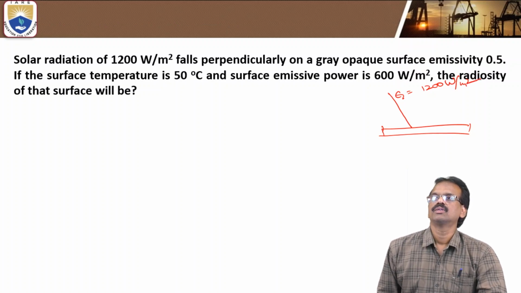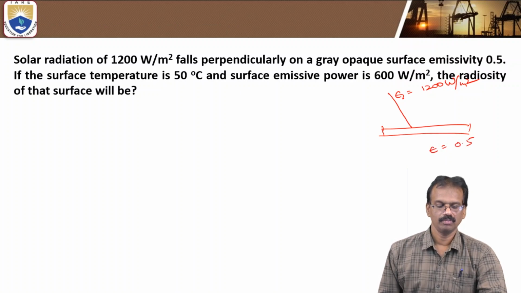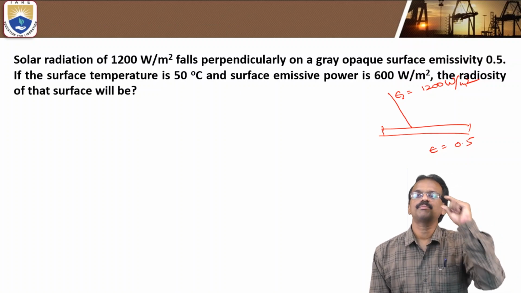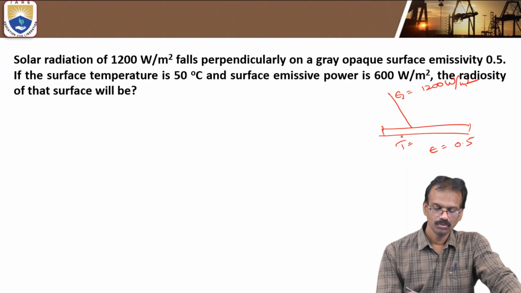Emissivity epsilon is equal to 0.5. The surface temperature is also given, T is equal to 50 degrees Celsius. You have to convert into kelvins, so 50 plus 273.